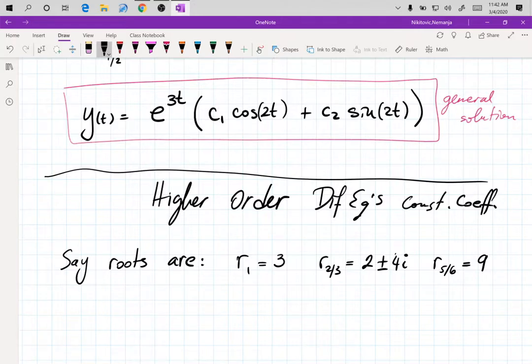What about 4? R4 and 5. Yeah, r4 and 5, there we go. I gave you 5 roots, and this particular problem contains all of the roots.